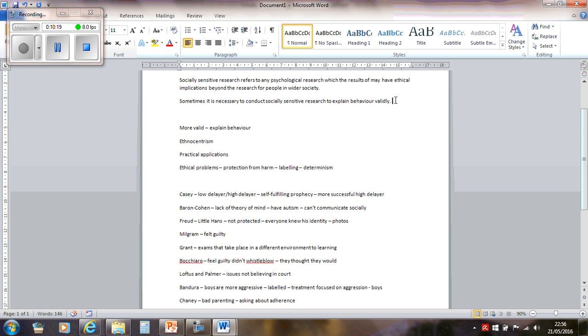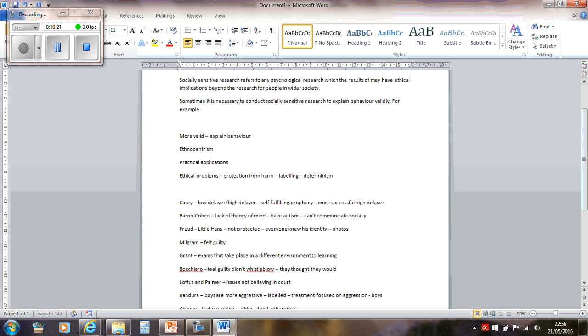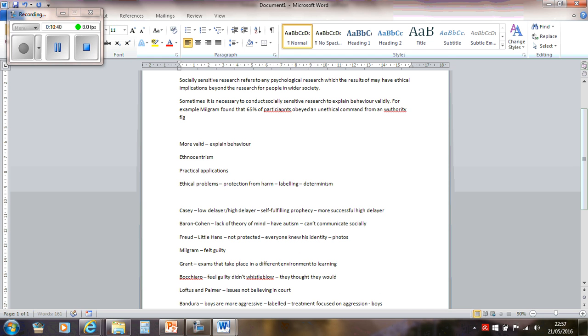Okay, let's use Milgram. So, for example, Milgram found that 65% of participants obeyed an unethical command from an authority figure to continue shocking participants up to 450 volts.